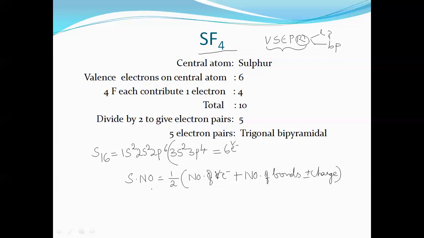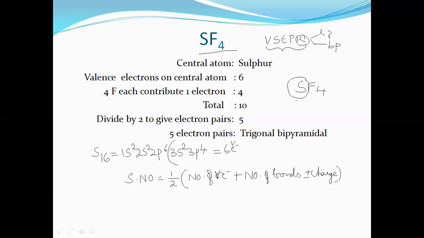Now in this particular molecule, SF4, the central atom is sulfur because it is only 1 in number, and fluorines are 4 in number. The atom which is least in number, or has the higher atomic number, or is least electronegative can be selected as the central atom.